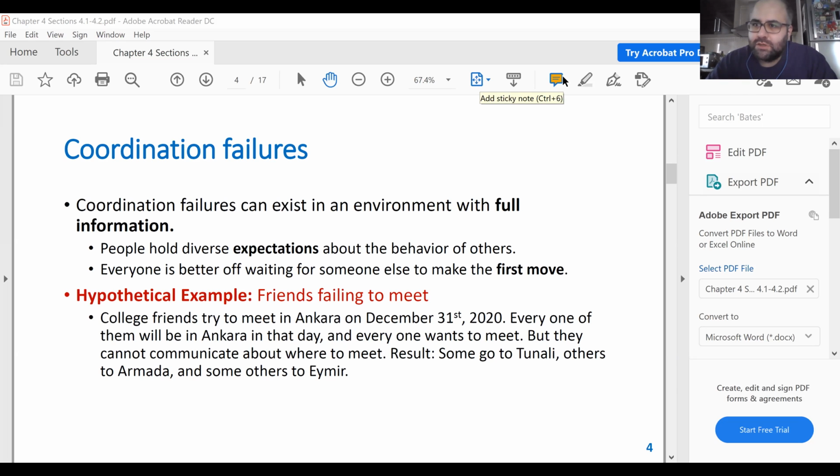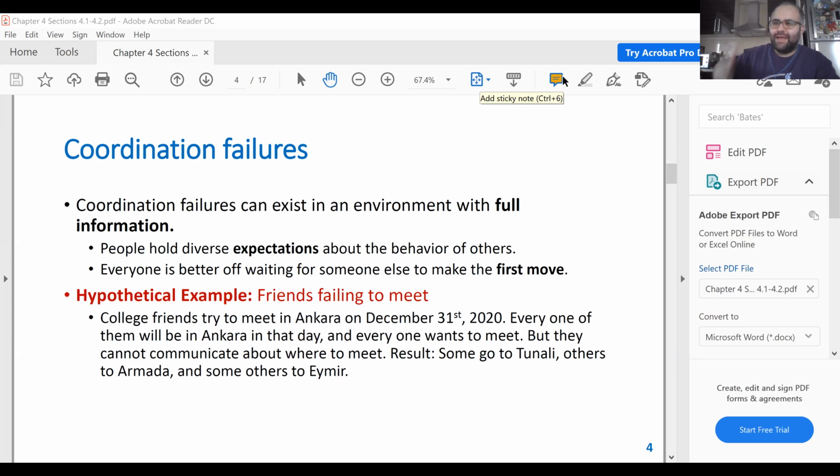Okay, so in that case, what would happen? Well, most possibly, some groups will go to some place in the city, a place they used to go a lot in their college years. Okay, some other group will coordinate their behavior in some other place. So one group goes to Tunalı, another group goes to Armada, another group goes to Eymir. Okay, without communication, you have to build on some other heuristics, some other type of information.